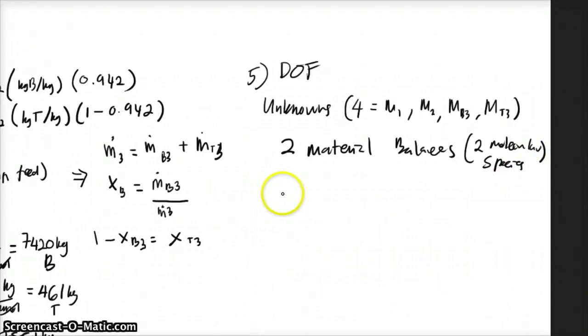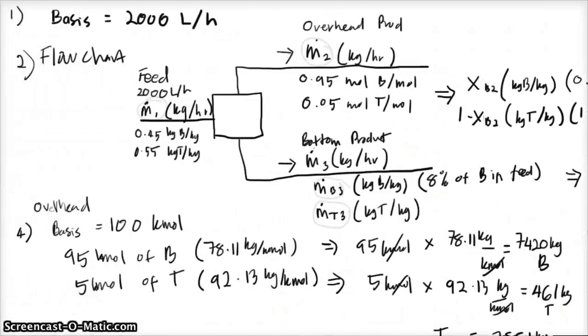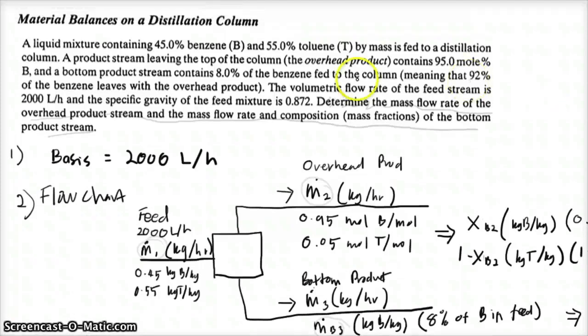And then we have density relationship, which is to convert liters to kilogram. We have this, it shows it here. Where is it? And the specific gravity of the feed mixture is 0.872.